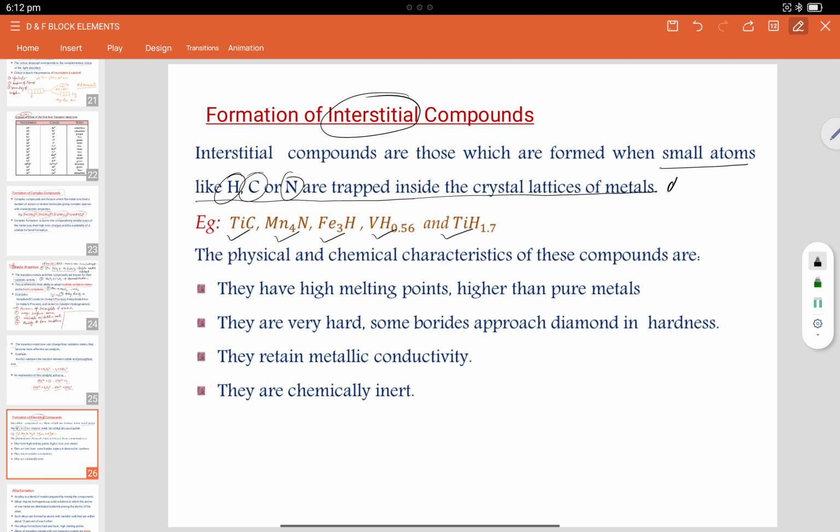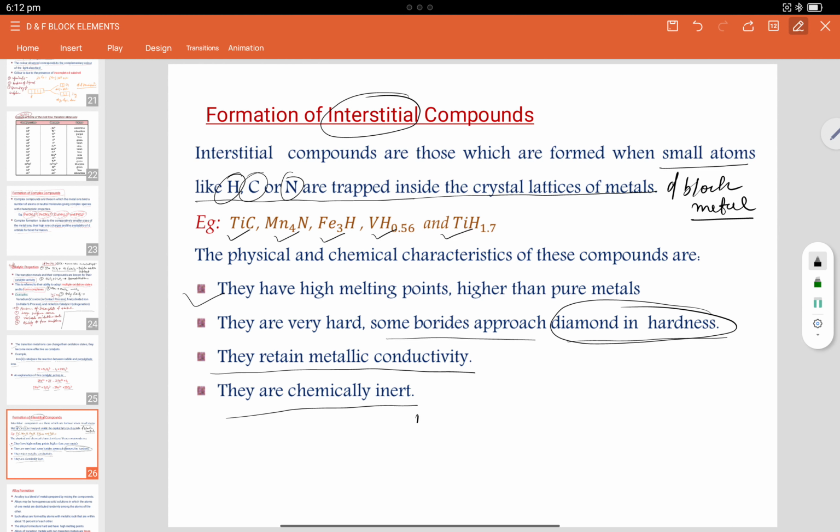That is called interstitial compound. Examples: titanium carbide, Mn4N, Fe3H, VH, TiH1.7. Simple definition, children: they are formed when small atoms like hydrogen, carbon, nitrogen are trapped inside the crystal lattice of a d block metal. The physical and chemical characteristics of these compounds are: they have high melting points, higher than the pure metal. They are very hard. Some borides approach diamond in hardness. They retain metallic conductivity. They are chemically inert, no reaction.